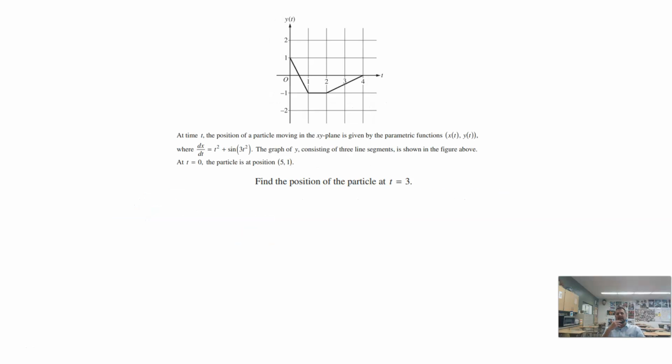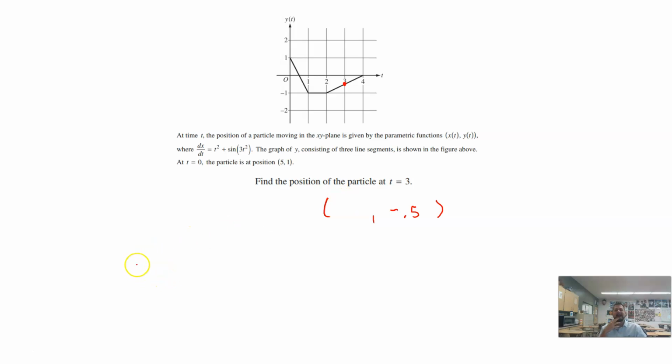So the first thing it wants to know is find the position at time equals 3, which means I need an x value and I need a y value. Well, the y value in this case is really easy because that's just the y value right there, and that's negative 0.5, because it is three line segments, halfway between, it's negative 0.5 or negative 1/2.